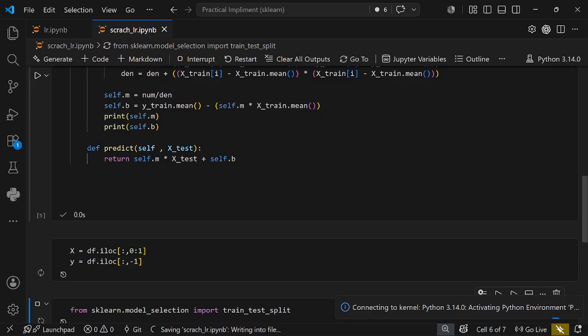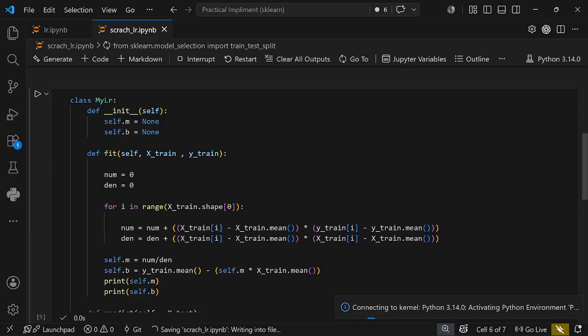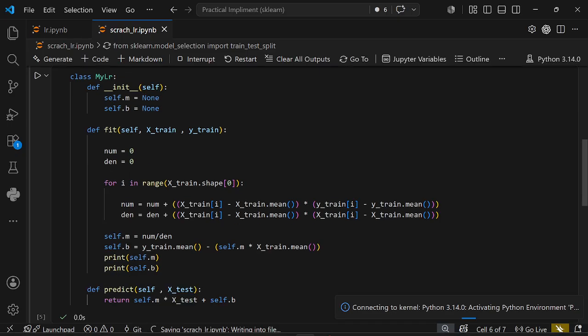There will be no change in the output given by this and the sklearn model. So you can refer to this, take a screenshot of this code and use it in your own system, and try to predict the y values according to x.